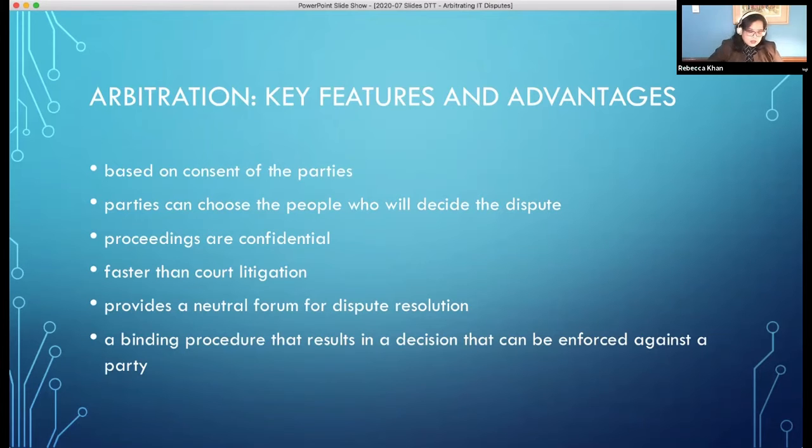Also, arbitration provides a neutral forum for dispute resolution. When we think of government contracts in particular, there might be, whether it's a fair or unfair perception, that bringing it to court, which is a public institution itself, gives the government an unfair advantage.